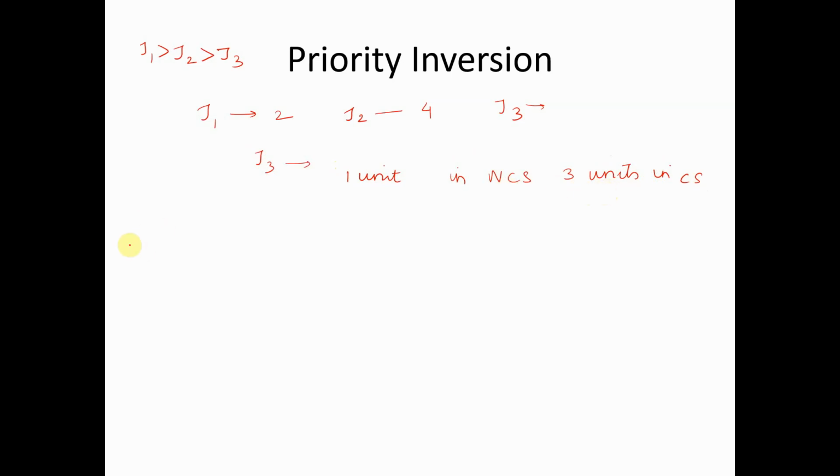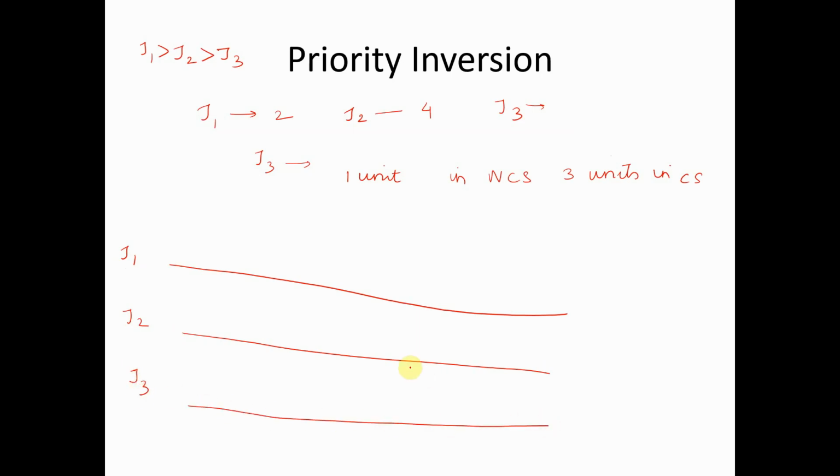So if I represent each of these jobs, J1, J2 and J3, in a time window. Currently only J3 is available, and J3 needs 1 unit in non-critical section and 3 units in critical section.